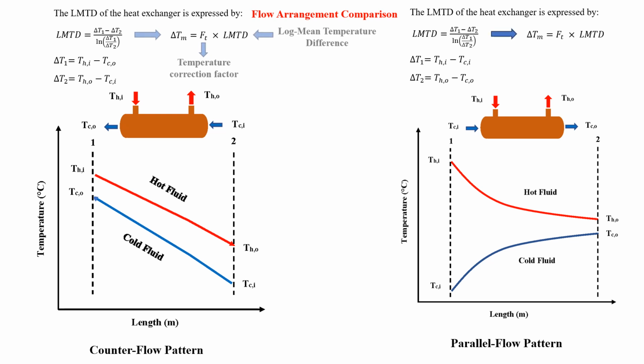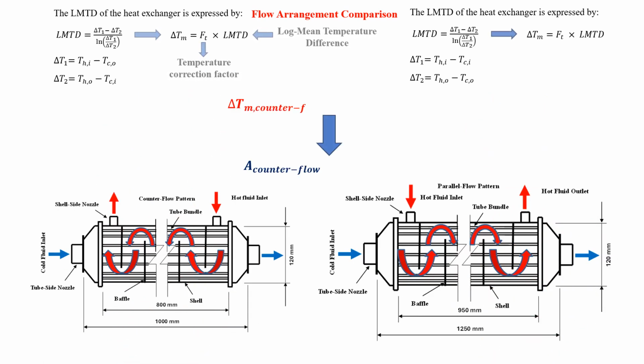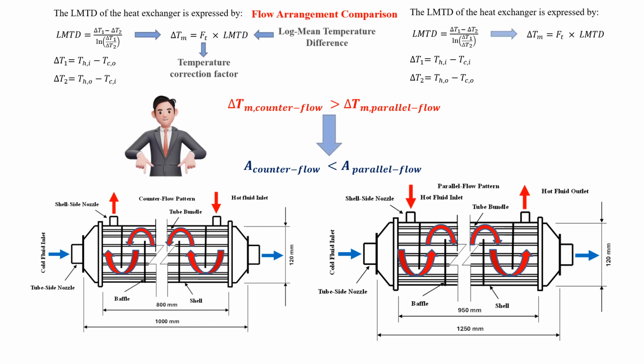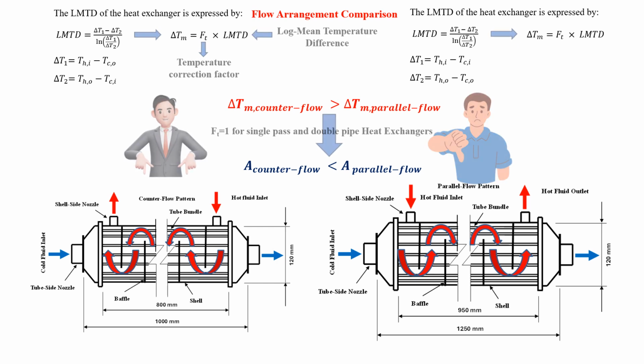And if we take an example for typical values, we have found that the mean temperature difference for the counterflow is greater than the parallel flow, and hence we need a lower area for the heat exchanger for the counterflow when compared to the parallel flow.